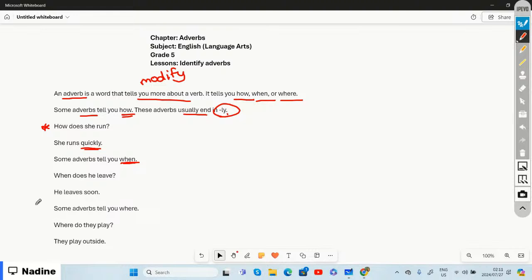So leaves is our verb. Soon tells us when he leaves. And once again, right, we said adverbs are words that tell us more about the verb. So remember, adverbs are not the verb. It tells us about the verb. And that is why we can identify the adverb and the verb within that sentence.